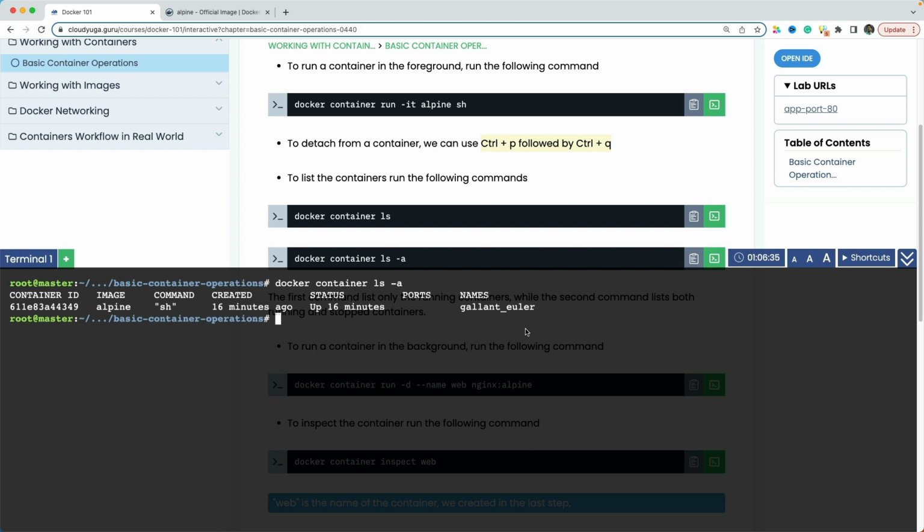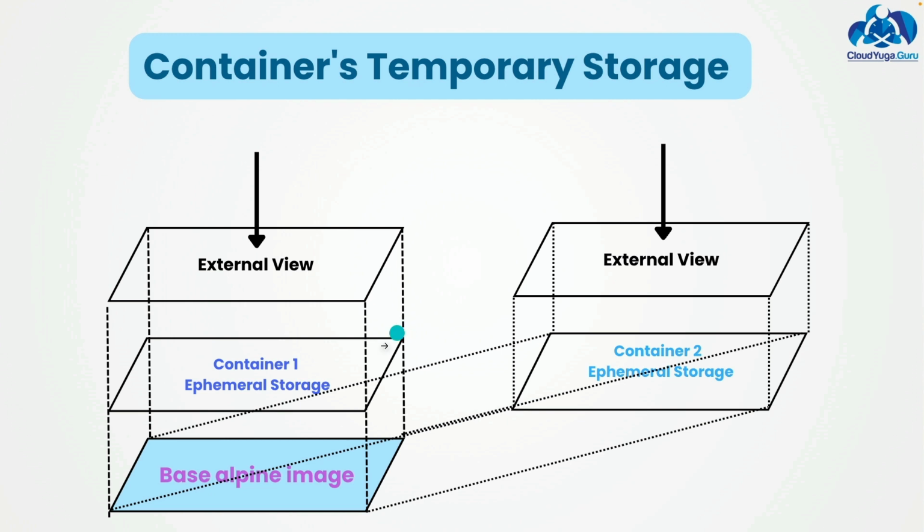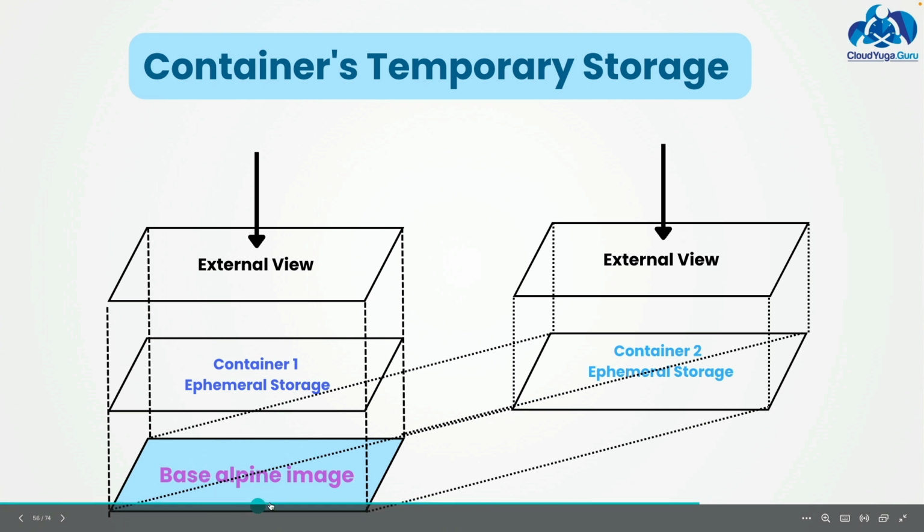But before I move on to the image operations, I would like to highlight a very important property about containers. And that is, we can create multiple containers from the same image. Like in this case, we have the Alpine as our base image, from which we have created multiple containers.